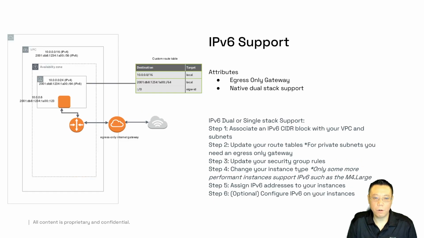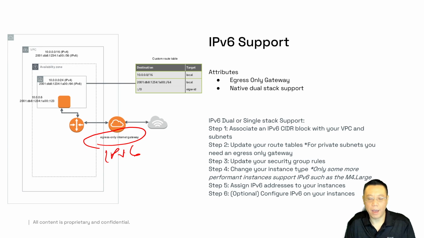Now, IPv6 support. You saw those IPv6 addresses, but there's also a very special egress-only internet gateway meant for IPv6, and that's called the egress-only internet gateway. When you see egress-only internet gateway, think of IPv6. So while you can dual stack internally, to go outbound, just like a NAT gateway for IPv4 would, the egress-only internet gateway is meant to act as a NAT gateway for IPv6.